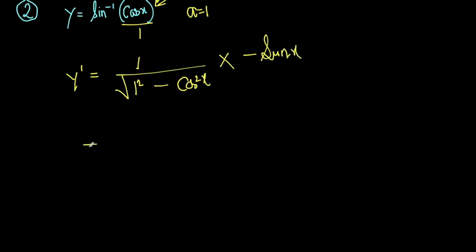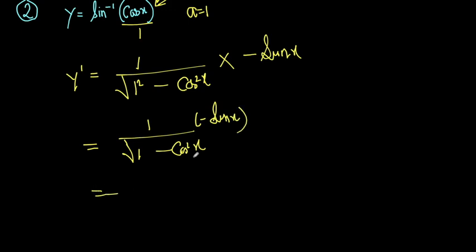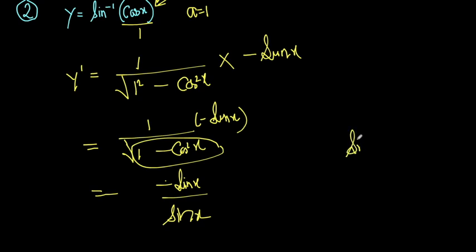So this will become 1 over 1 minus cos square x, under root, multiplied by minus sin x, and we know that this is sin square x, and there is under root, so this will become minus sin x over sin x, because sin square x plus cos square x is equal to 1.